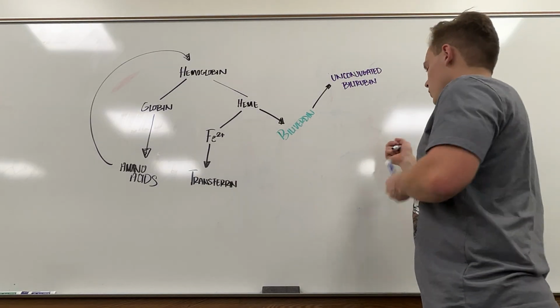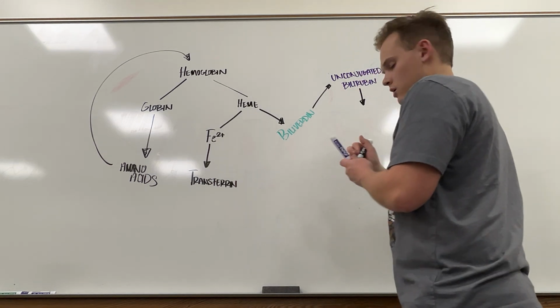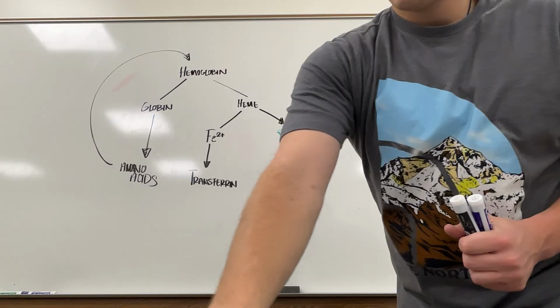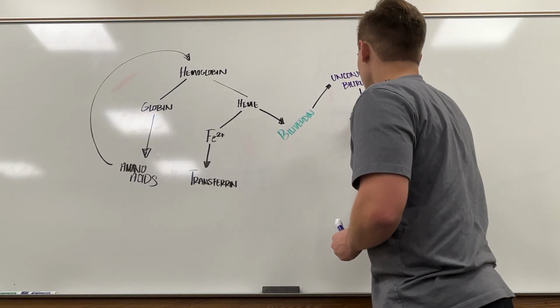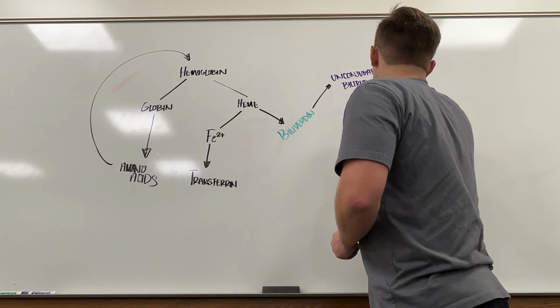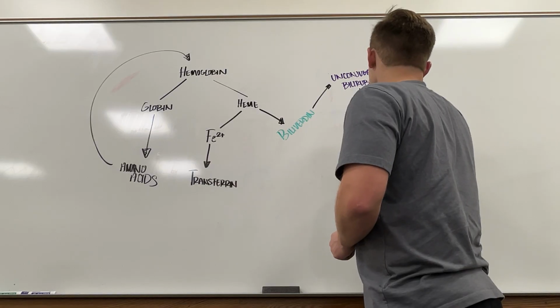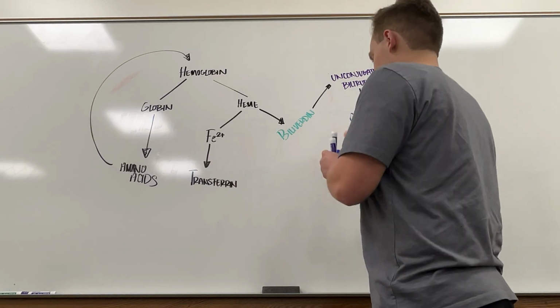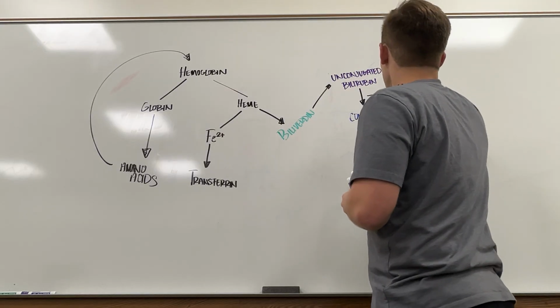In the liver, unconjugated bilirubin is going to get conjugated. When it's conjugated, it might be hard to believe, but we're going to call it conjugated bilirubin. Remember this is happening in the liver, right here.